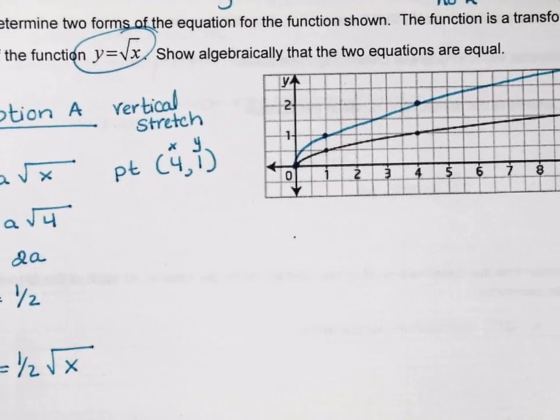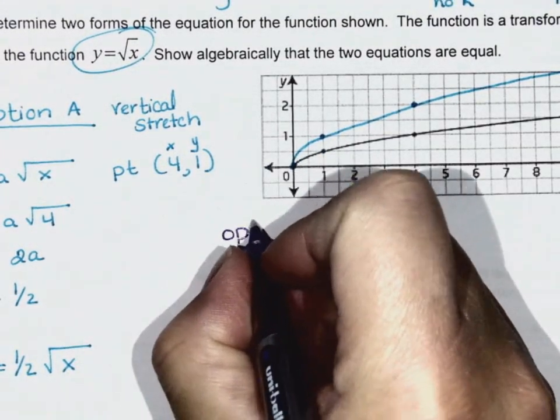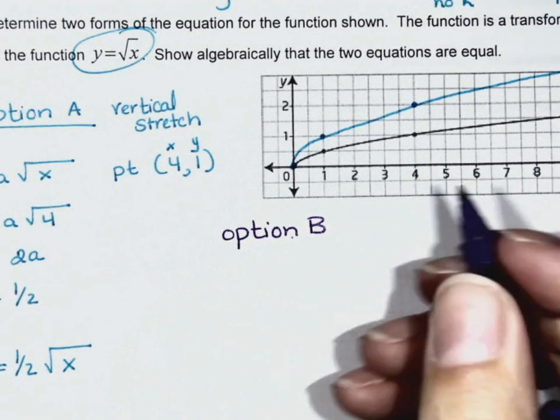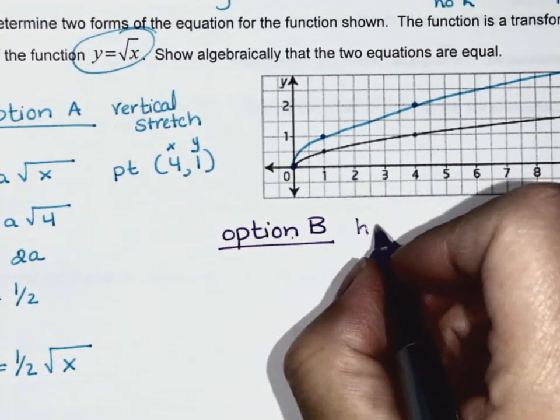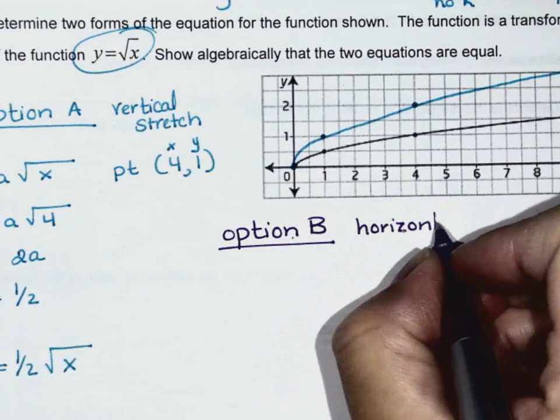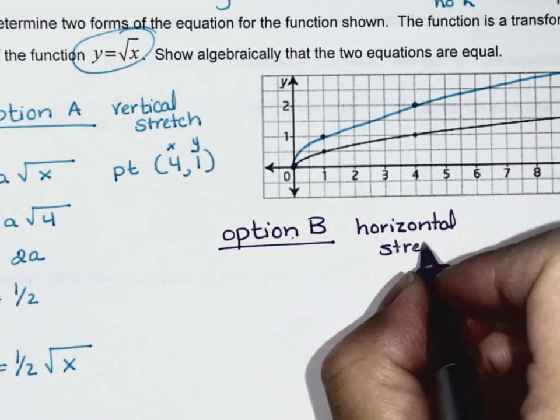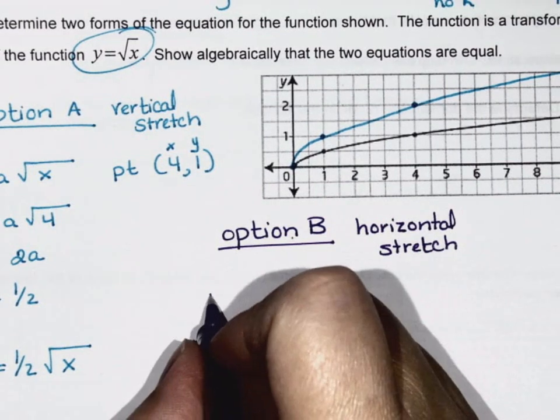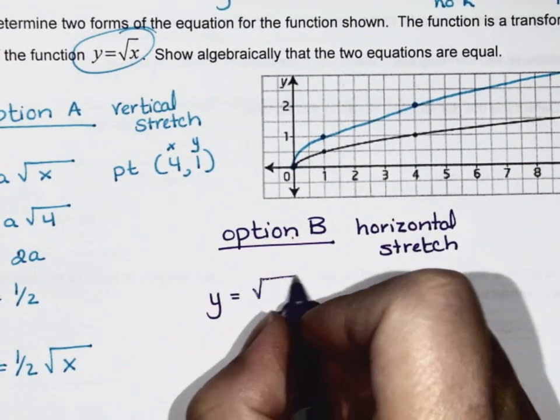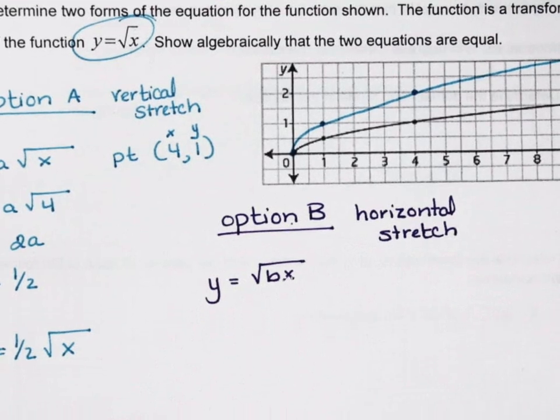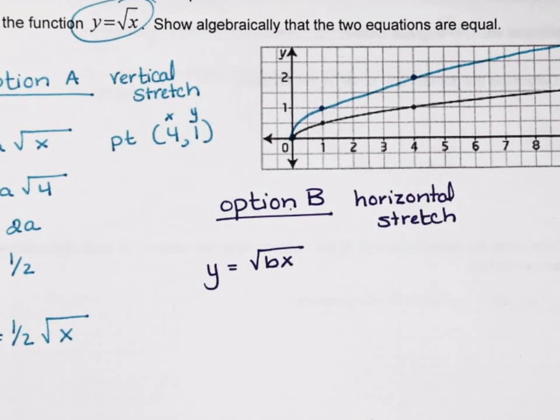Okay, now we're going to do option B, where we're going to look at a horizontal stretch. So this time, we have y equals root bx.